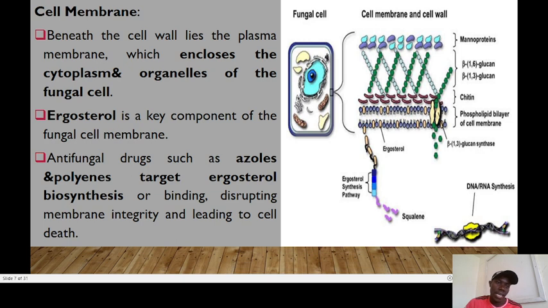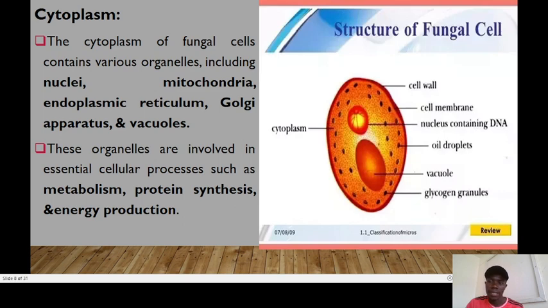Right? Okay, guys. Hope you can see the beta-glucans and the chitins that we have already mentioned, and now the ergosterol in the cell membrane, and this is what is normally compared to cholesterol in mammalian cells. The third one is the cytoplasm.